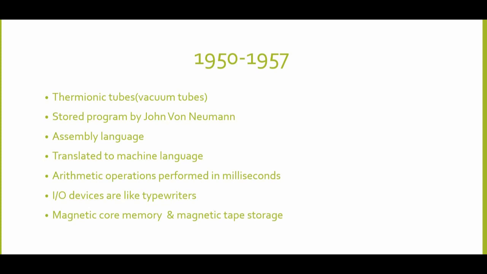So what is meant by magnetic core memory? It is used in the first generation computers, and it has rings of hard magnetic material, and that structure is used to store data.